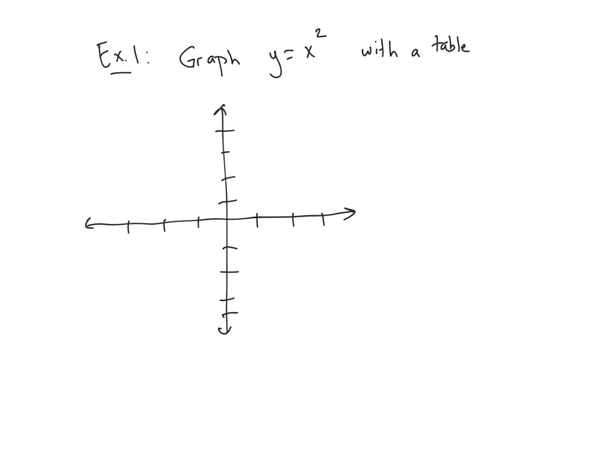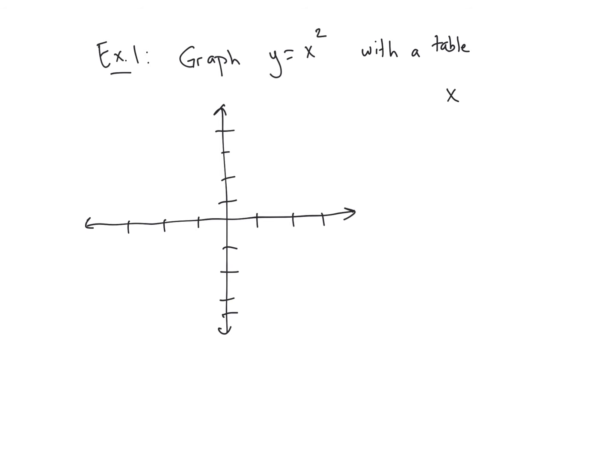All right, so our first real problem where we're going to have to do some calculations in this chapter is example 1. We're going to graph y equals x squared, and we're going to use a table of values in order to do that. We've talked about this before, but in math, whenever you're trying to graph an equation or a function that you have never seen before, usually the best way to start is to pick a table.